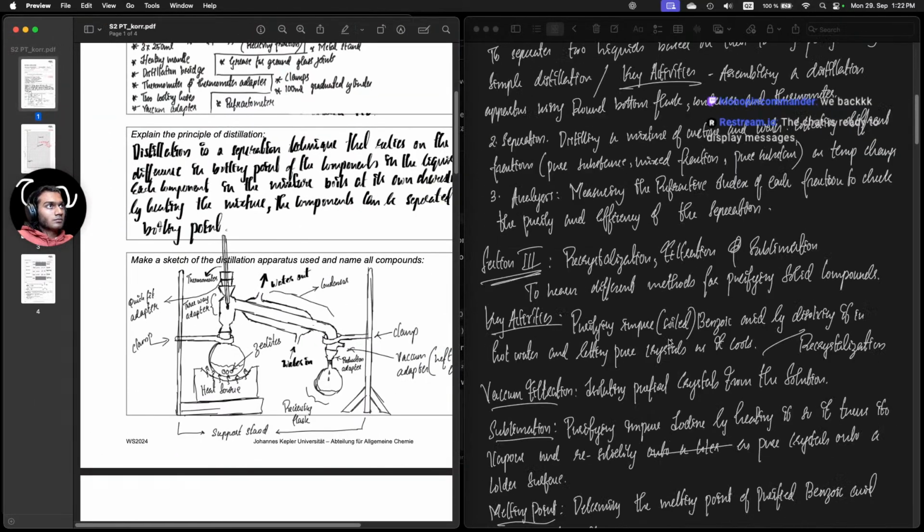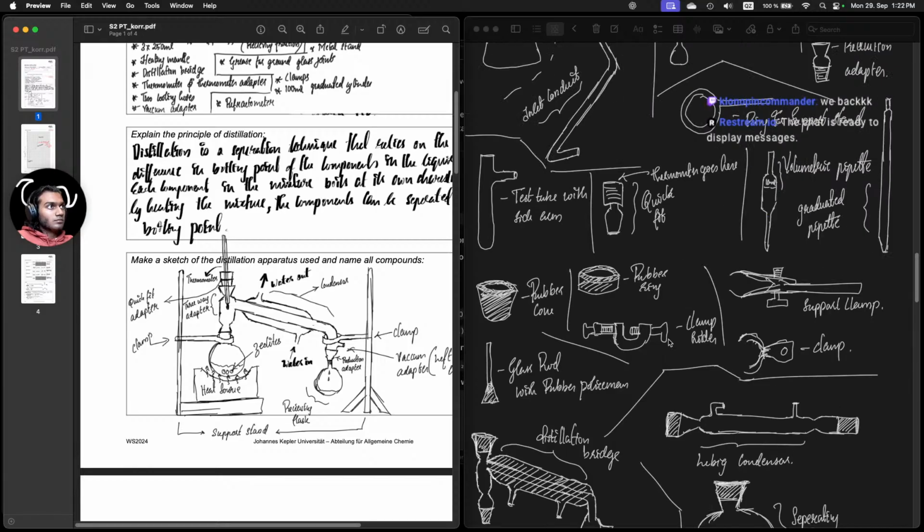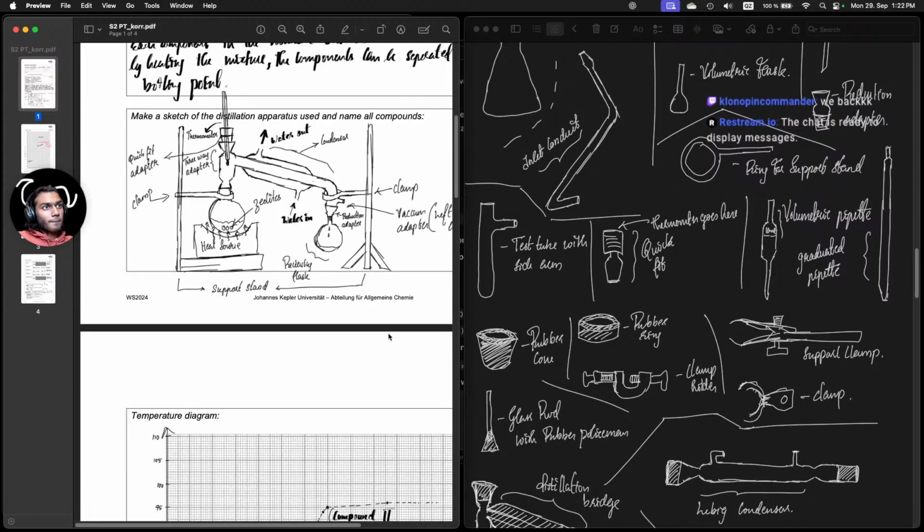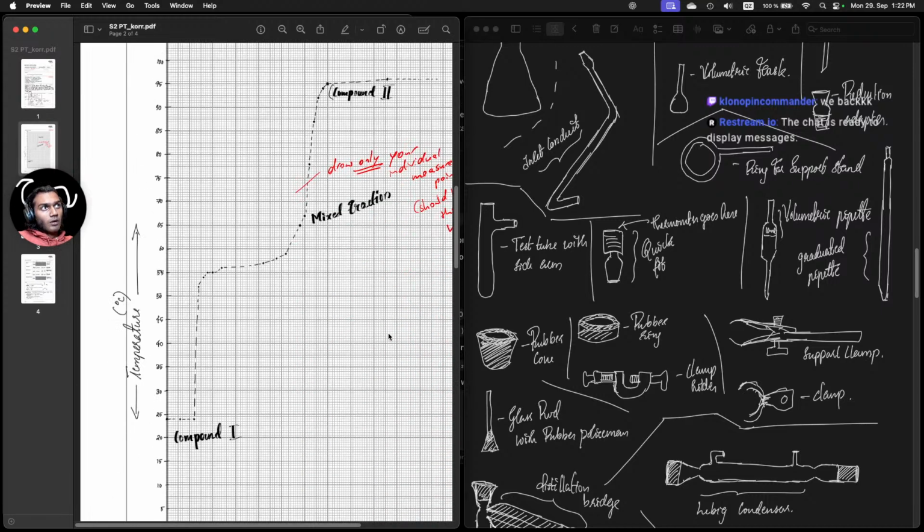Where's that thing? That's quick fit. Yeah. Oh, water goes in from the bottom. Oh no.